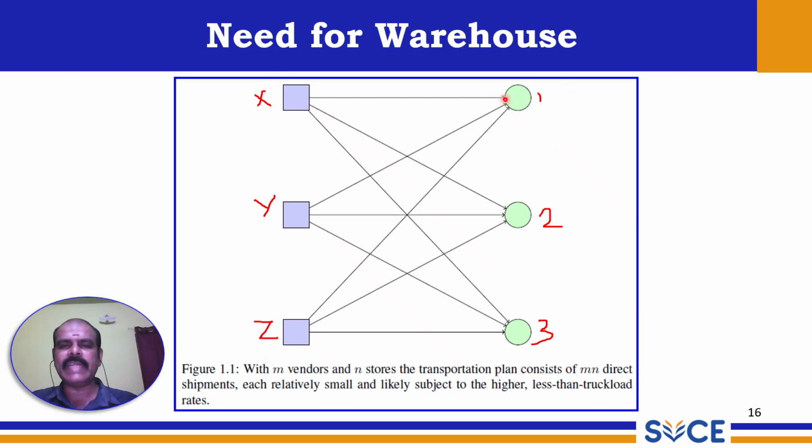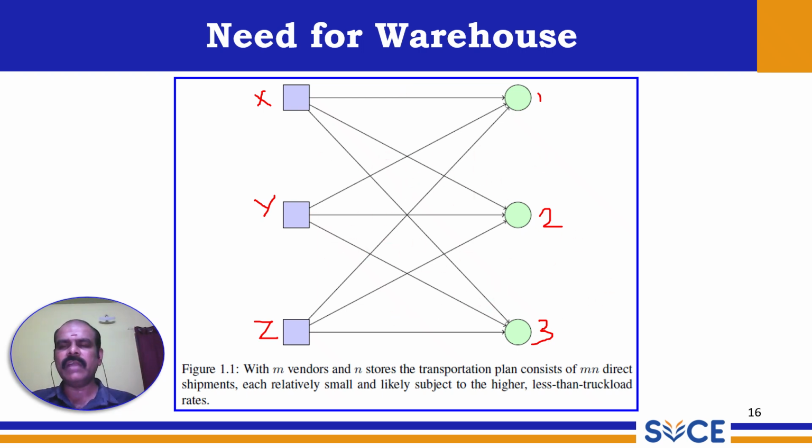The distance is not equally distributed from X to 1, X to 2, and X to 3. Yes, they are not equal. Similarly from Y to 1, Y to 2, Y to 3, and Z to 1, 2, 3, the distances are not equal. And because of several factors, at all instances they may not be in a position to fulfill the requirements.